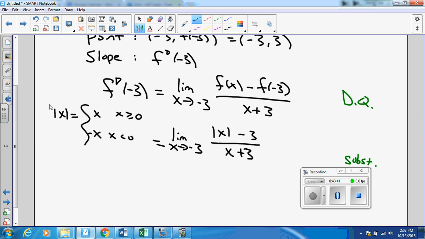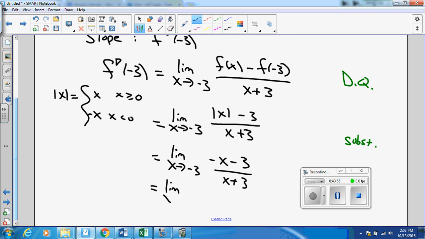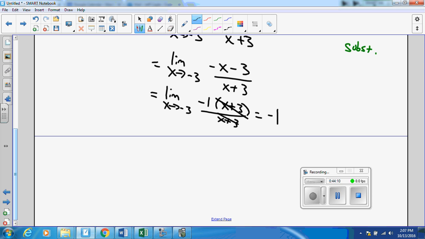And I say, if x is going to negative 3, it's going to be negative values. And therefore, the absolute value of x is the opposite of x. And now I see my common factor. It's negative 1 times x plus 3 in the numerator. And so I get negative 1 as my f prime of negative 3, just as I did in the previous instance.